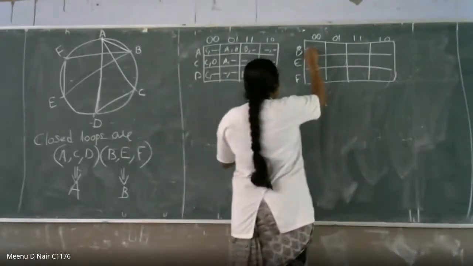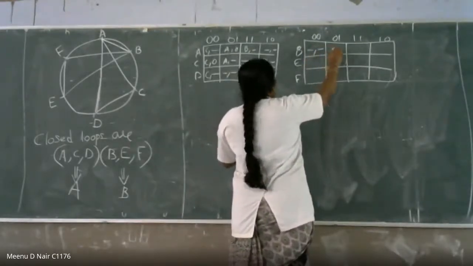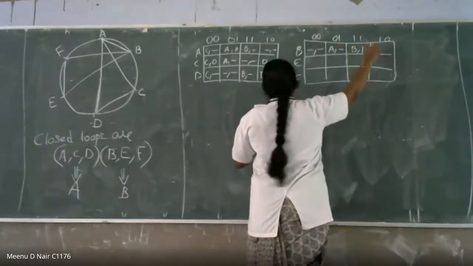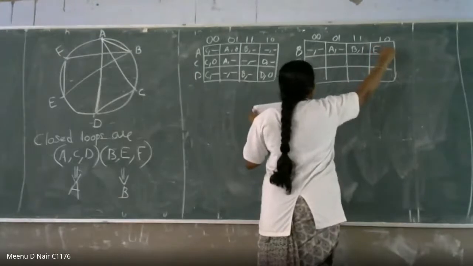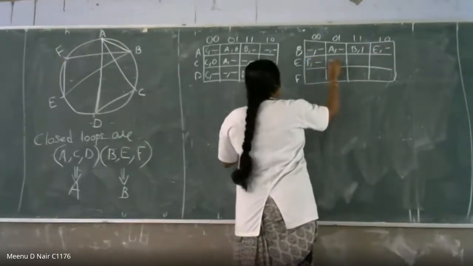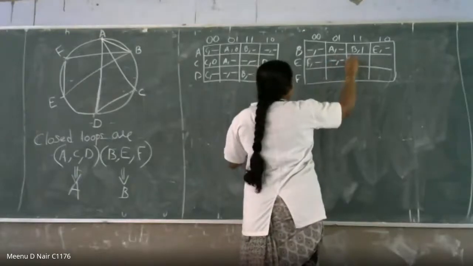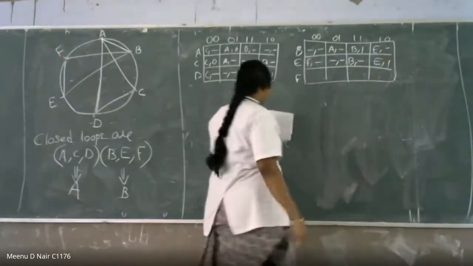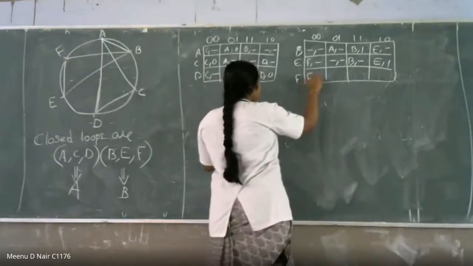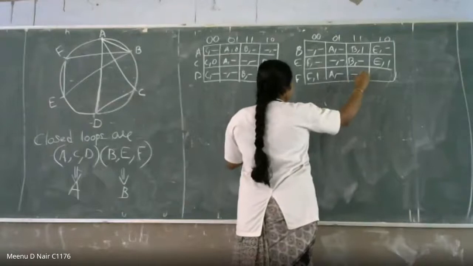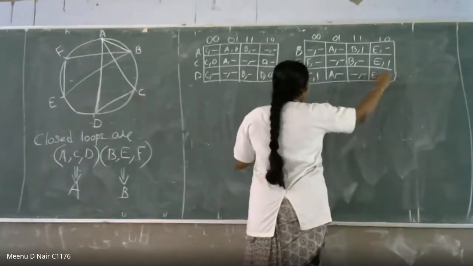Then what is next? Dash, comma dash, A, comma dash, B, comma 1, E, comma dash. Then F, comma dash, dash, comma dash, B, comma dash, E, comma 1. Then F, comma 1, A, comma dash, dash, comma dash, E, comma dash.